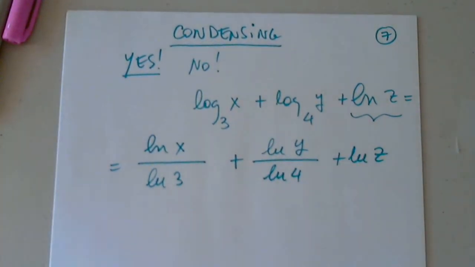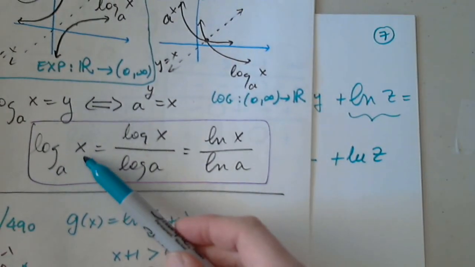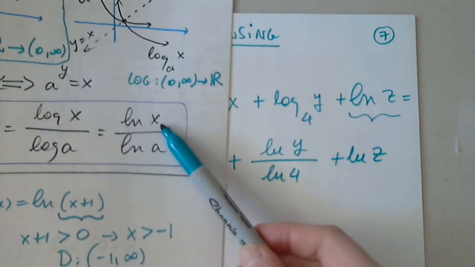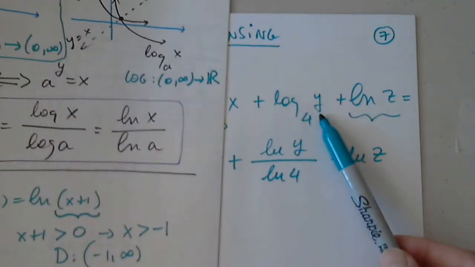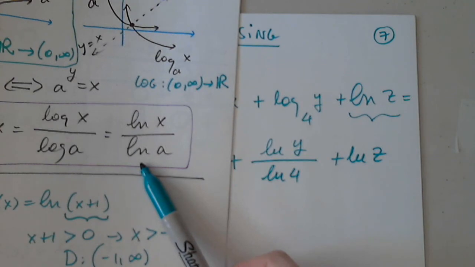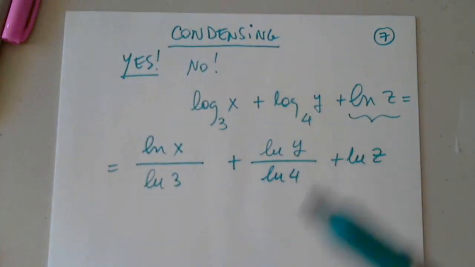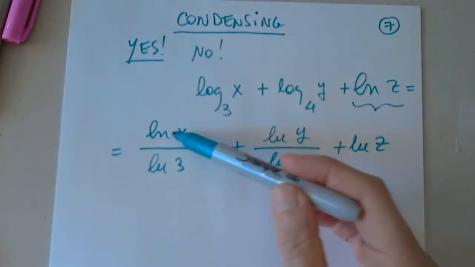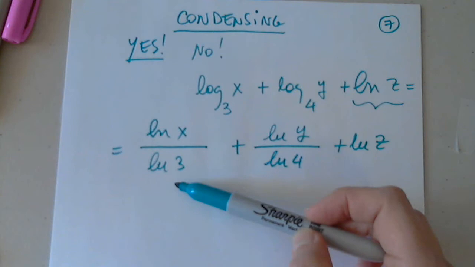I use the change of base formula. With log base 3 of x, I change it into natural log x over natural log 3. I change this using the same change of base formula into log of y over log of 4. This is, I draw your attention, this is not log of x over 3. This is log of x over log of 3.